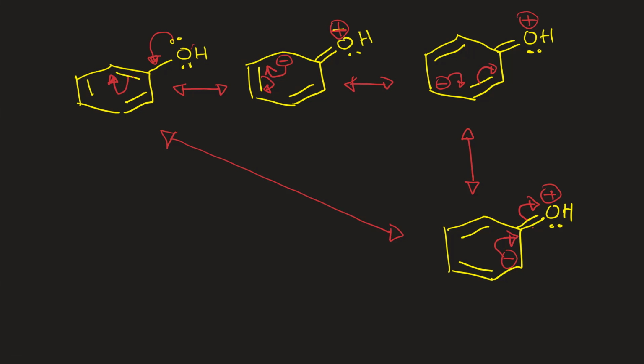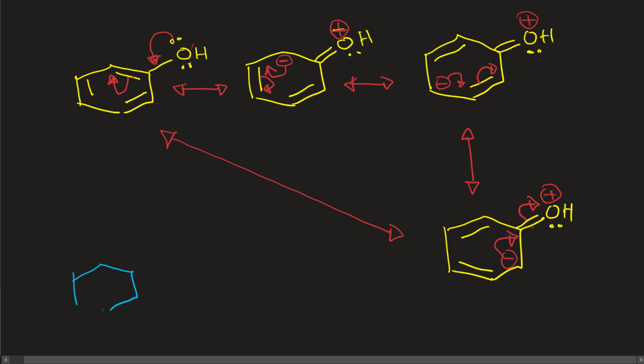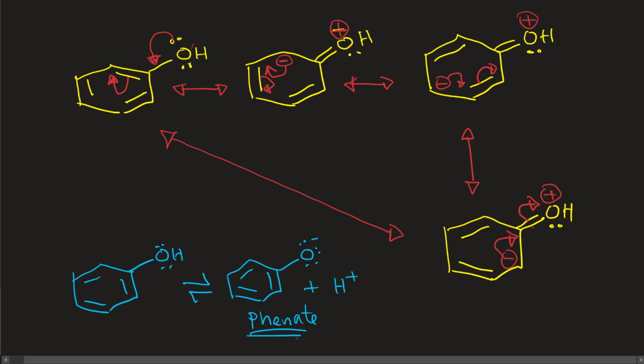Now practice that. The blue one, just to show you: phenol is a weak acid and it can make the phenate ion and release the proton. That's another trick you can see in some problems, right? The phenate ion's stability can be explained using resonance structures.